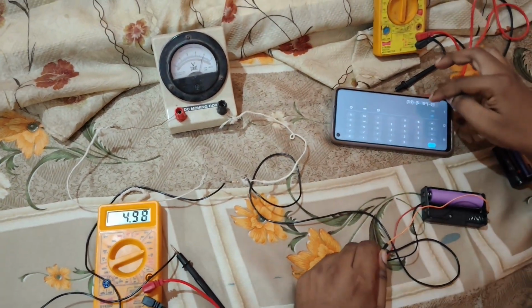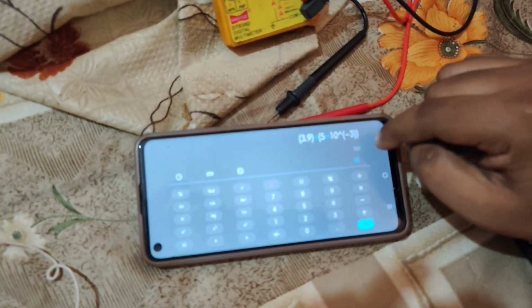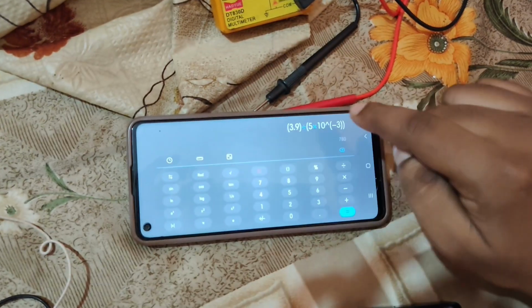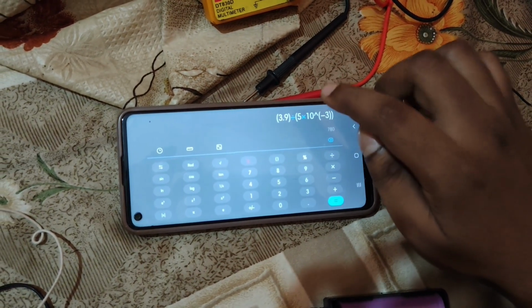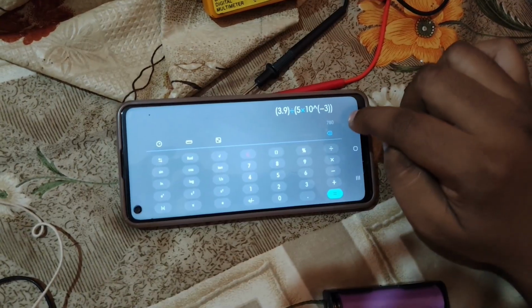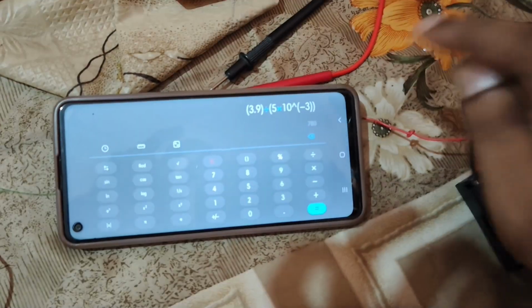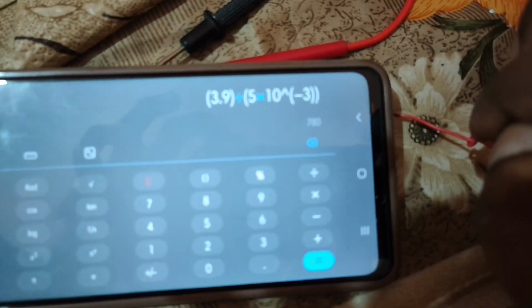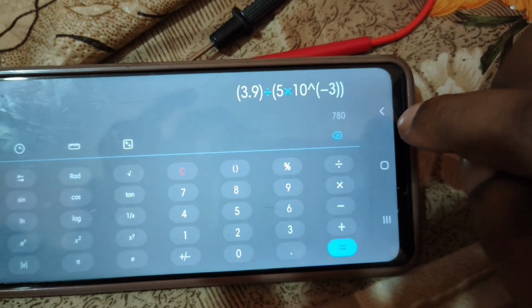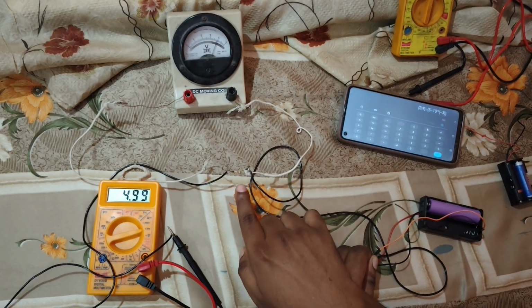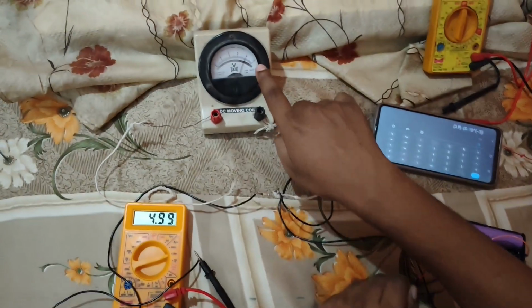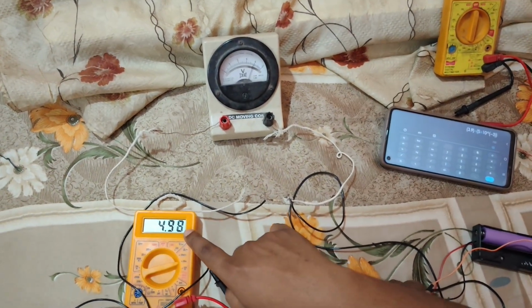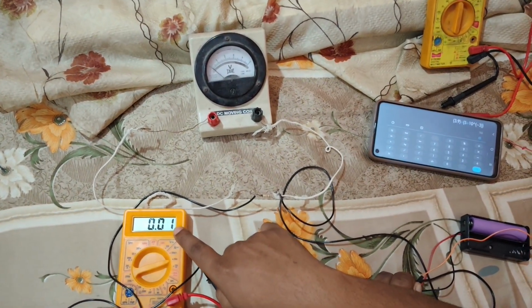Now using Ohm's law, we get V upon I, that is 3.9 divided by 5 times 10 to the power minus 3, and we get almost 780 ohms. So that is the resistance offered by this conductor, and as we know, whenever we increase the voltage, the current also increases. So that is Ohm's law.